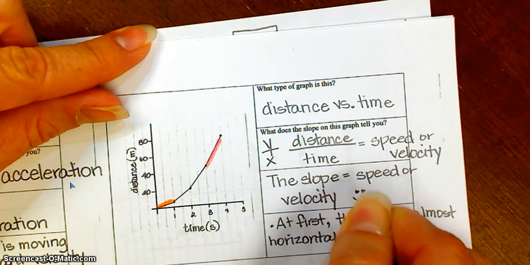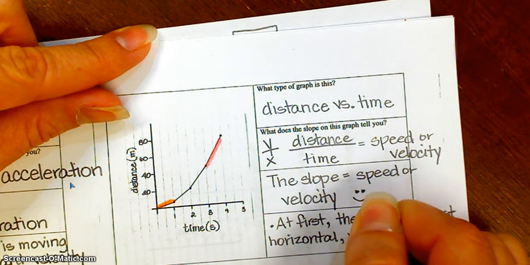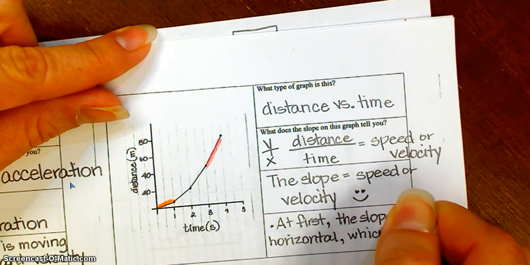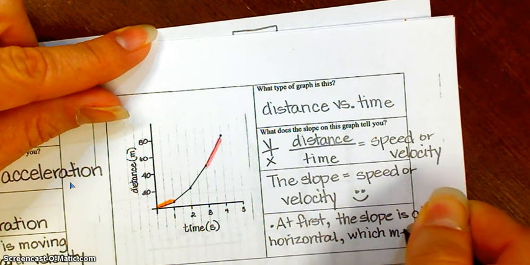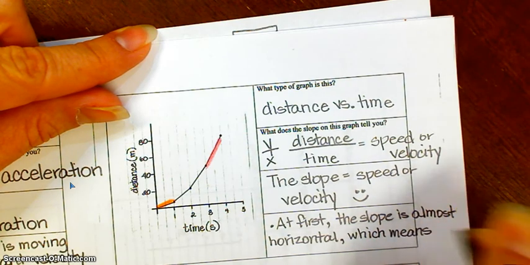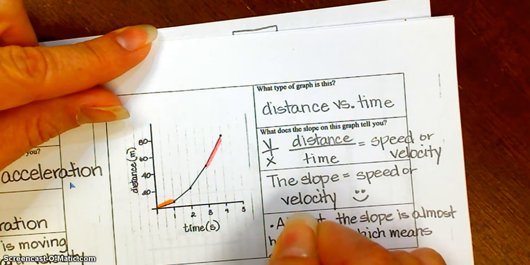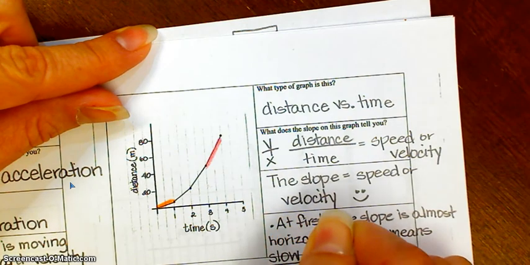Horizontal. Okay, and that means a slow speed, right?